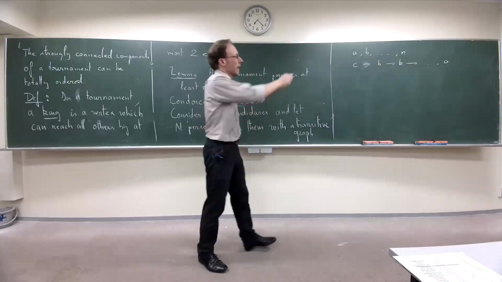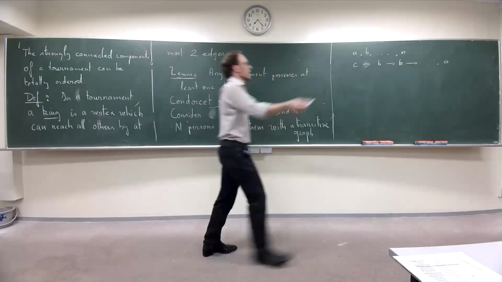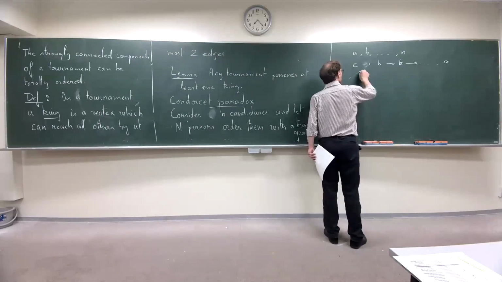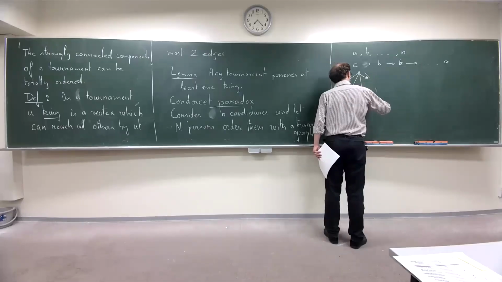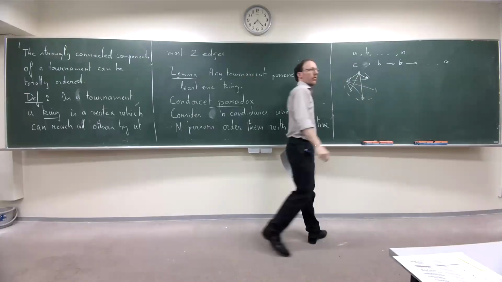Indeed, I write it like this, but this defines a transitive tournament because you can make your tournament with n vertices. C has an arrow over everybody, then B has an arrow over everybody except the first one, and so on.